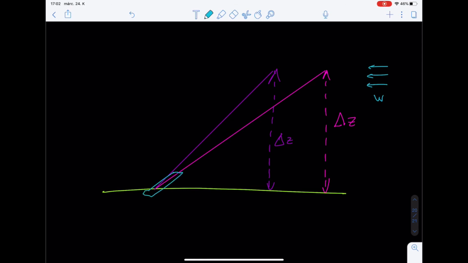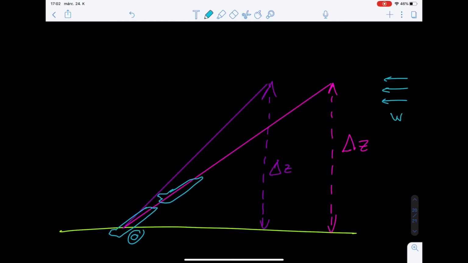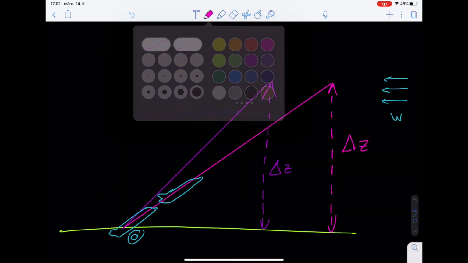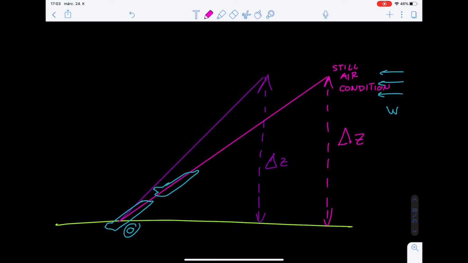But as the aircraft continues and reaches, let's say, the first position, this one is the pink one, the still air condition. It means that this is the flight path of the aircraft relative to the air, and this is going to be the same flight path relative to the ground if there is no wind.